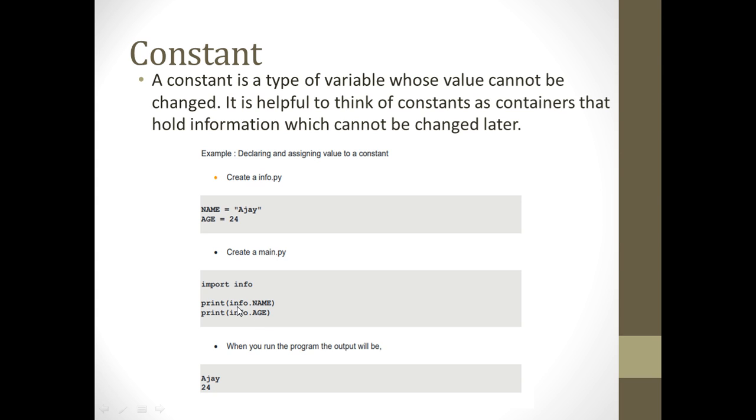So if I say print info.name, that means from the info file, print the value of name, it prints Ajay. Print info.age, from the info file print the value of age, so it prints 24. Now this cannot be changed later. Thank you.